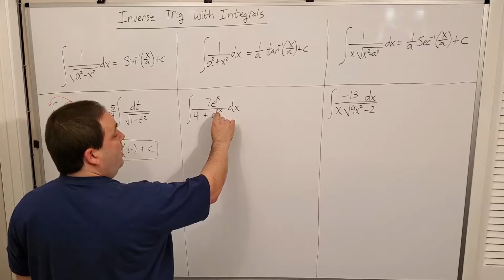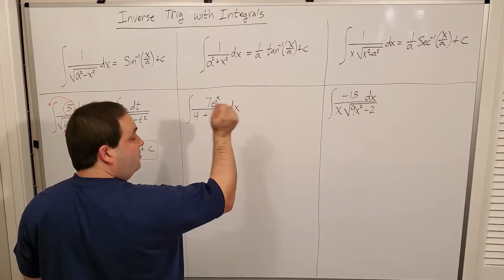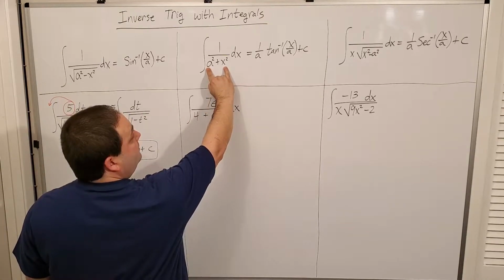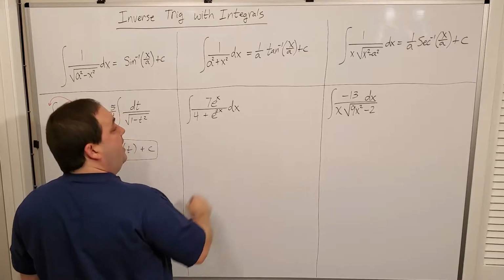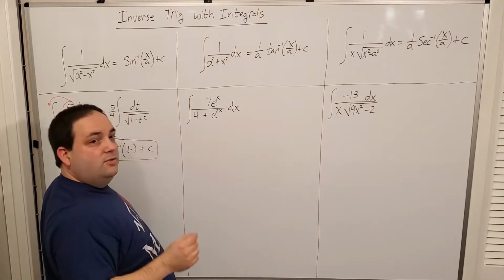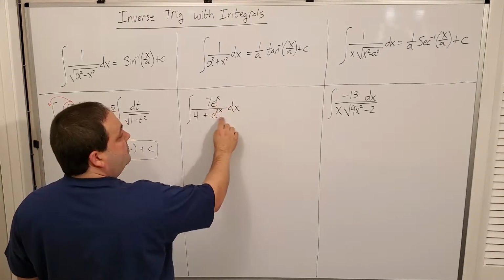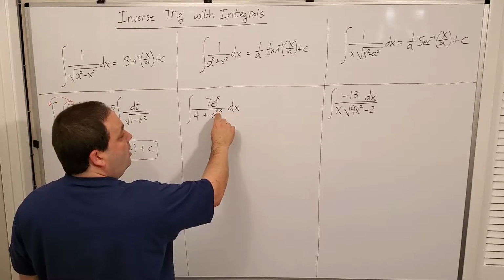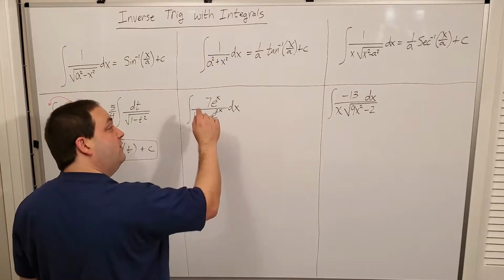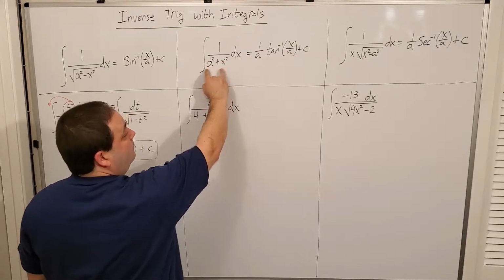This is going to be a squared function, and 4 is also a squared value. So that sort of waves a big red flag for this kind of setup right here, the a squared plus x squared. And then seeing the e to a single x in the top seals the deal that that must be some sort of derivative of a substitution where the squared is not part of the substitution. The squared is part of the structure, which would scream this setup right here.